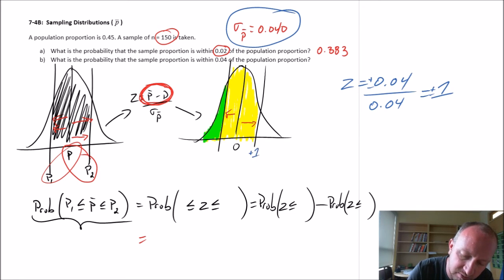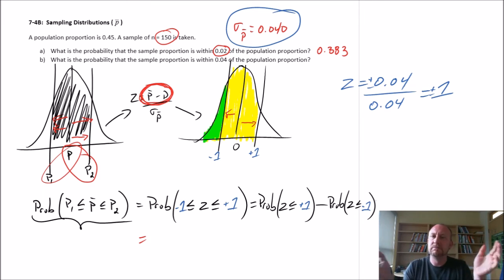So there's positive 1, there's negative 1. So there's no surprise. We've doubled the width of our proportion, so the value of that z-score doubles, given the standard error is unchanged.